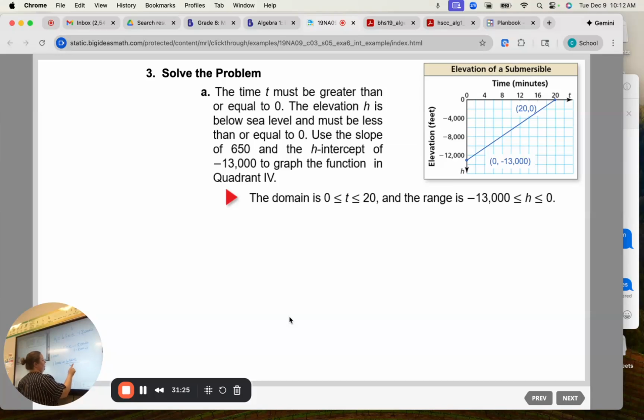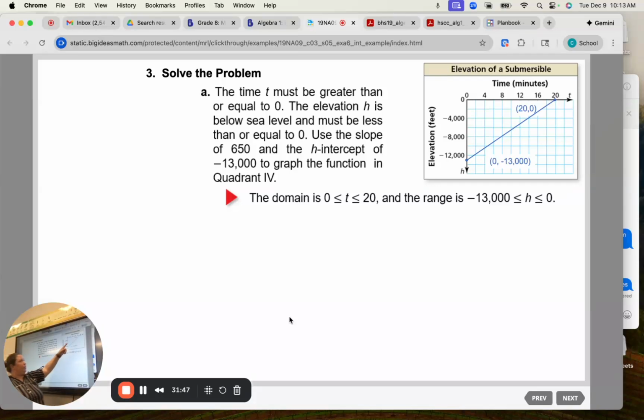So I get 13,000 equals 650t, correct? Divide by 650. 20. Shocking. So t equals 20, which is my x-intercept. So you see that's where they graphed the second dot.